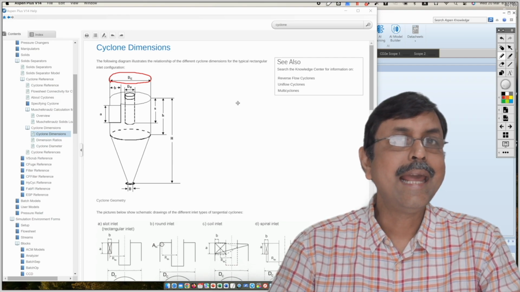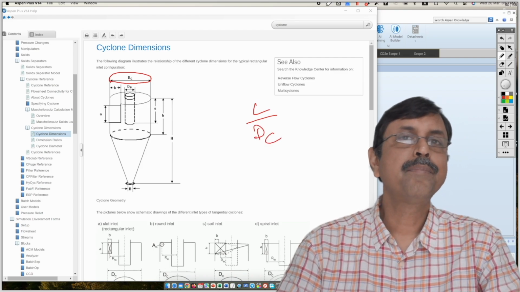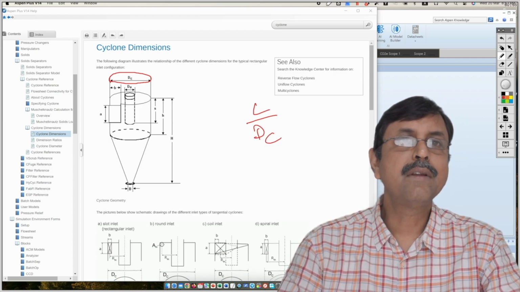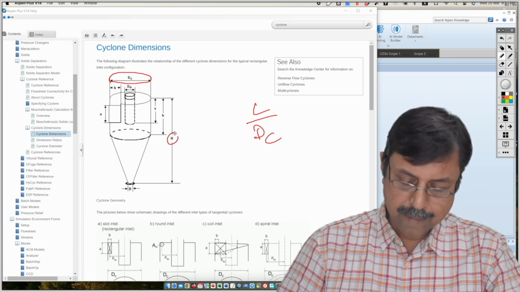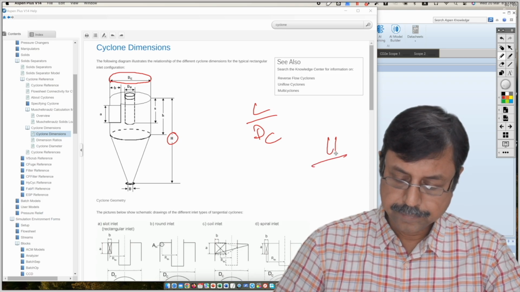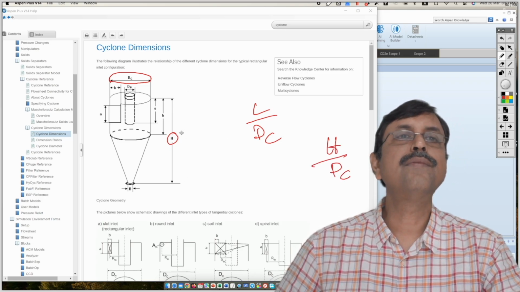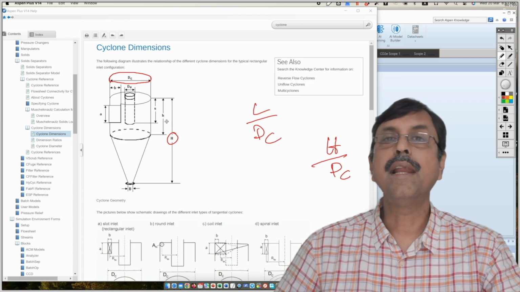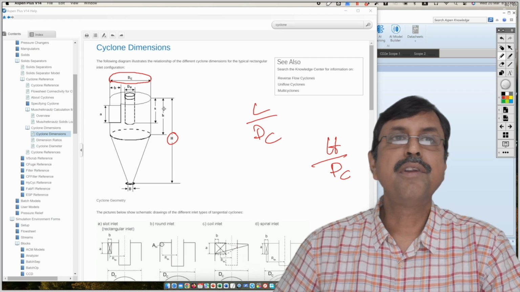So the length is given by L by dc, you remember? So the same thing will be given over here. So what is the length? Length of the column is h. So basically there you had to give h by dc. So this h is the length of the cyclone. Small h is the length of the cylindrical portion.